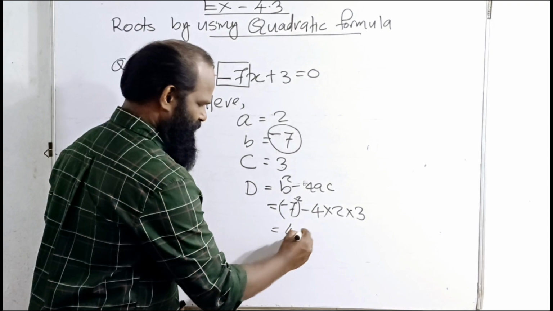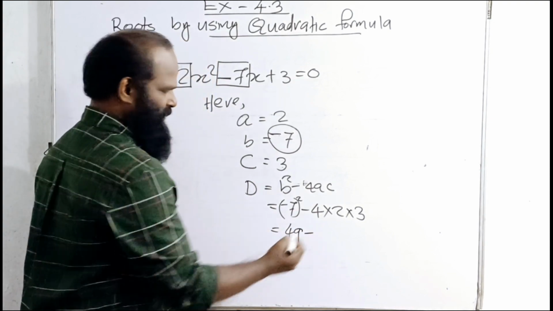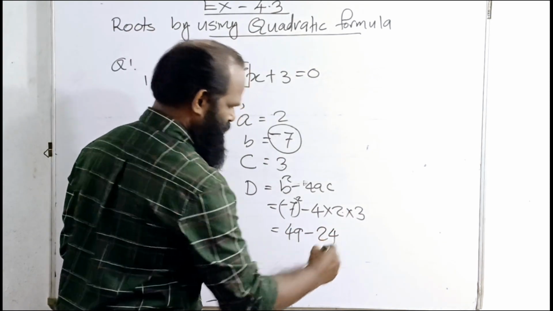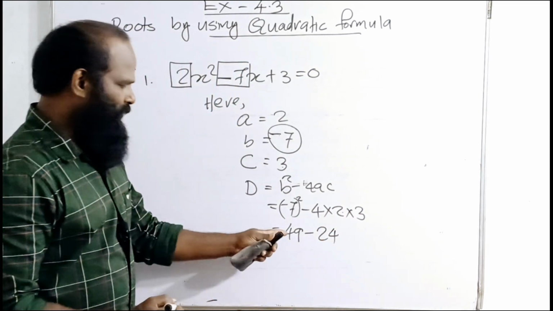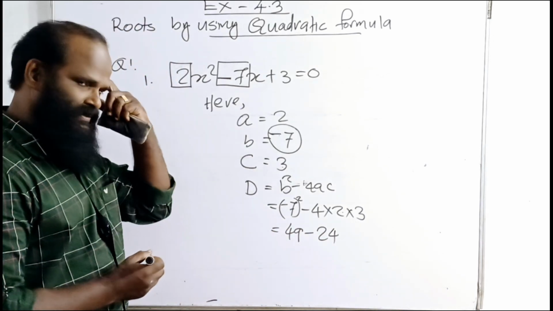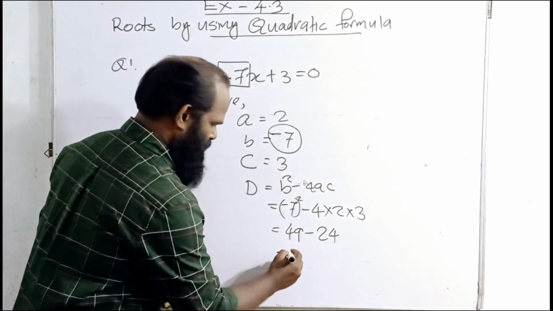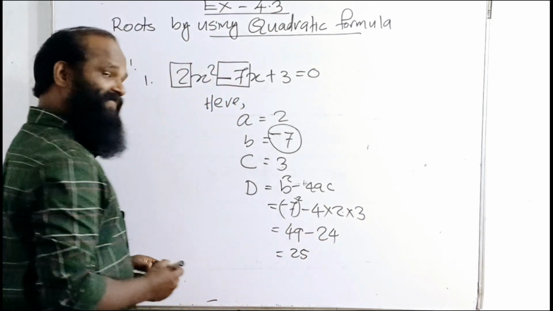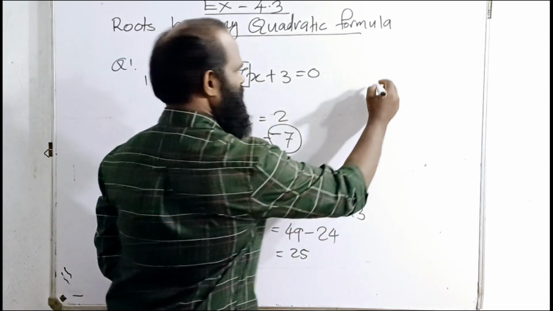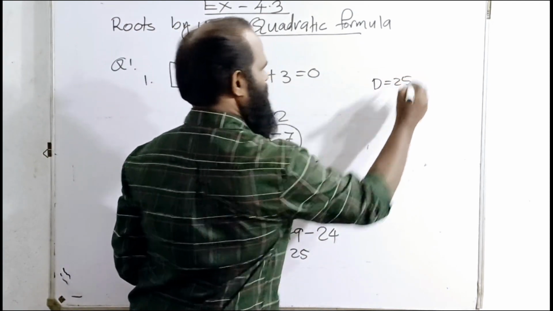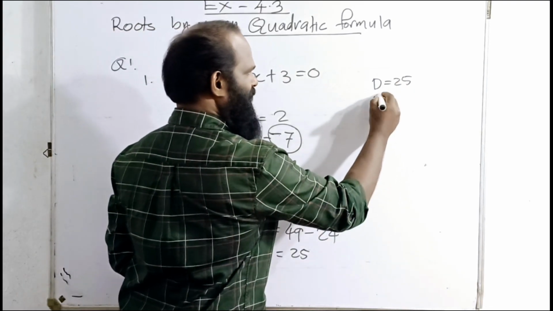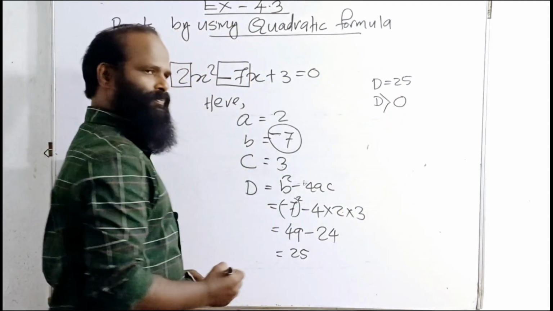So (-7) square is positive 49, minus 4 2s are 8, 8 3s are 24. So we have 49 minus 24, which is definitely 25. 25 is the value for D. So D is equal to 25. D is 25, which is a positive number. That means the value of D is definitely greater than 0.